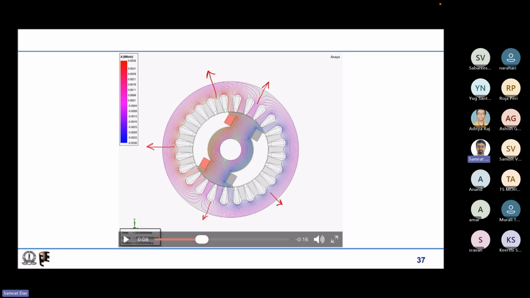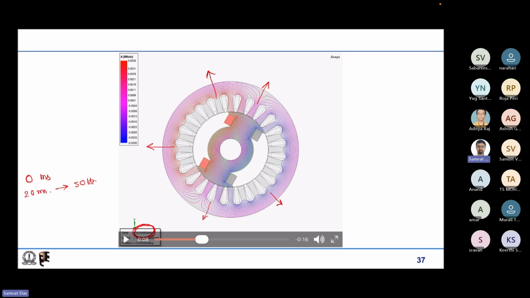I'm not sure whether you are able to see the time also, which is quite small. So it started from 0 time, and it has completed one rotation. The magnetic field has completed one rotation in 20 millisecond, which corresponds to 50 hertz, the period for a 50 hertz sinusoidal periodic signal.